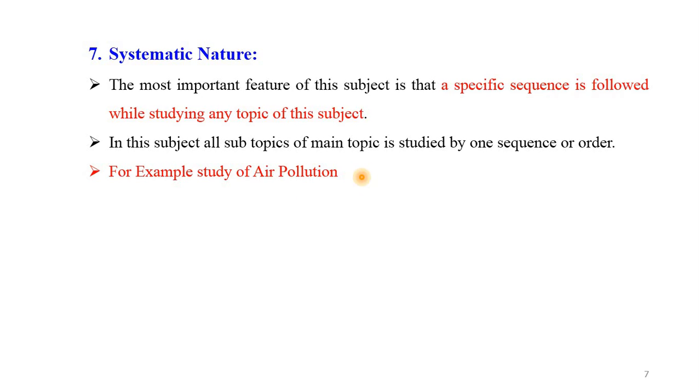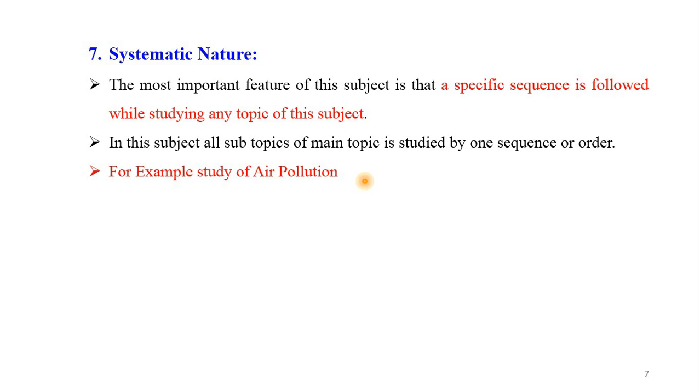What are the causes of air pollution? What are the effects of air pollution on various organisms present on the surface? What measures can we apply to minimize the intensity of air pollution, that is, how we can control air pollution? If we follow such a sequence, definitely we will get proper knowledge about air pollution.